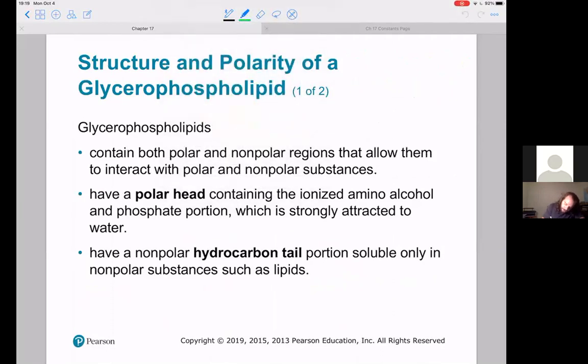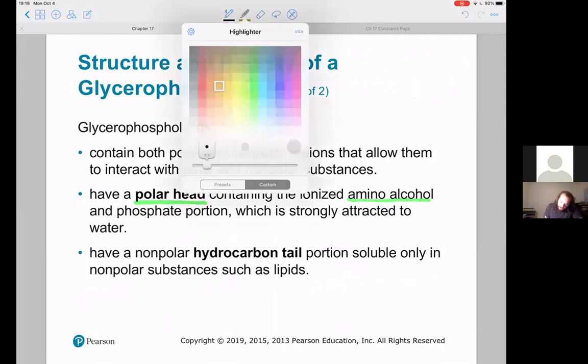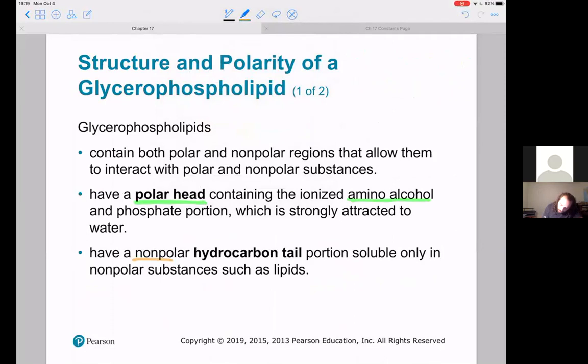The fact that one end of them is a polar end, which we call the polar head, that consists of that positively charged amino alcohol. And then we have a non-polar hydrocarbon, what we call the tail, and that is the non-polar region made up by the fatty acid components, fatty acids.